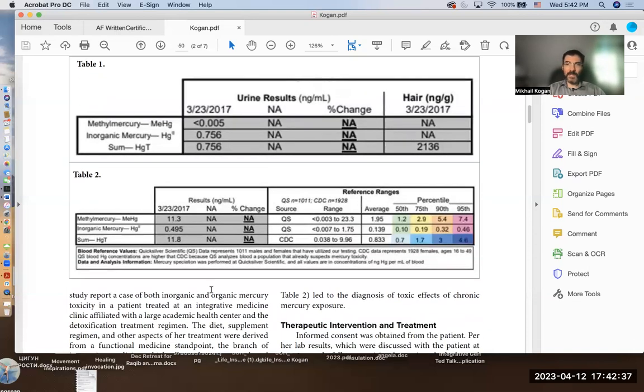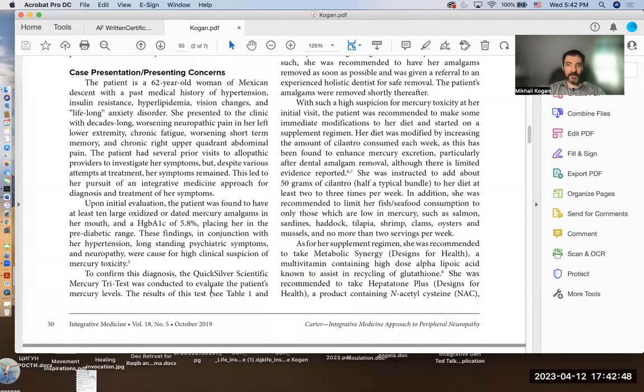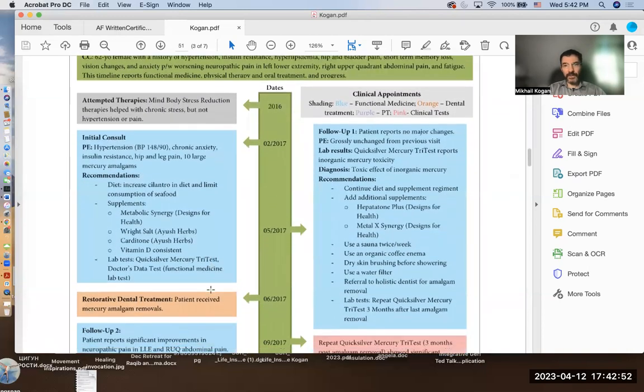And so this was one of the treatments. We treated her to try to get the mercury out of her system by sending her to a biologic dentist. In addition, she had a lot of different musculoskeletal dysfunction, and she was referred to Jessica Probst and her team, and she was also treated there with manual medicine.